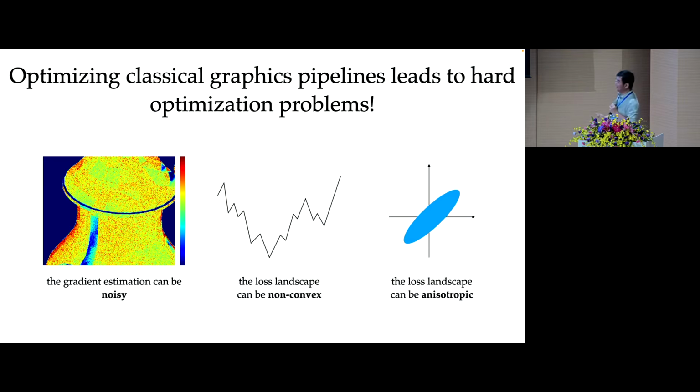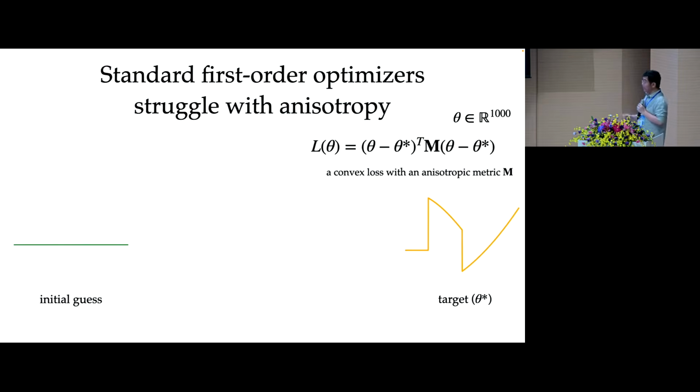So optimization is hard, right? If you try to build this classical graphics pipeline with optimization components, then you run into the problem that the gradient can be noisy, you have a non-convex loss landscape, and the loss landscape can also be anisotropic, meaning that you need to move multiple parameters at once in order to decrease the loss. People these days are very used to using Adam, but Adam will fail in this, again, very simple case.